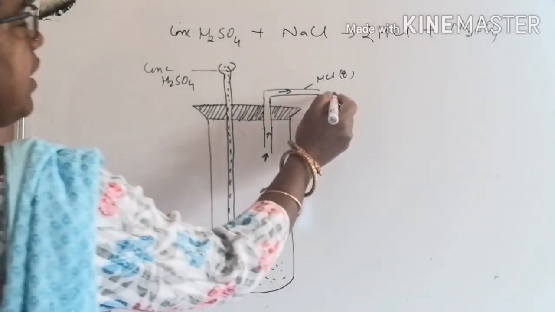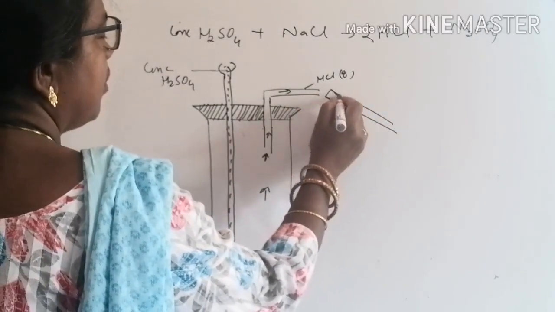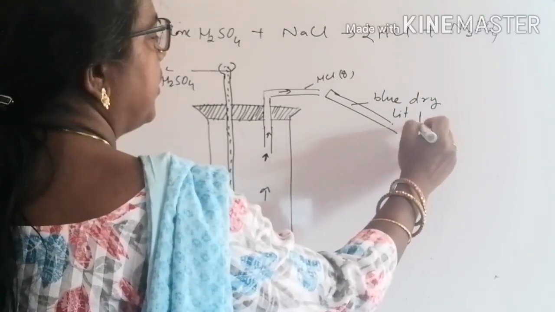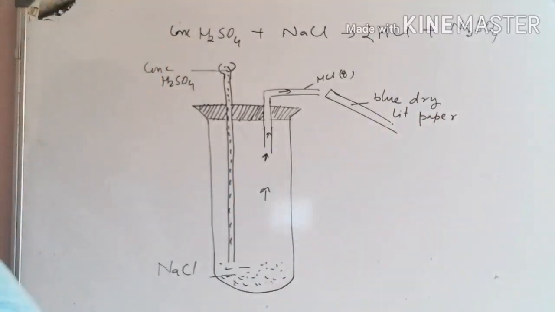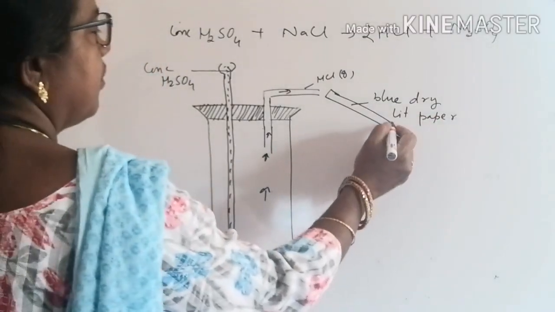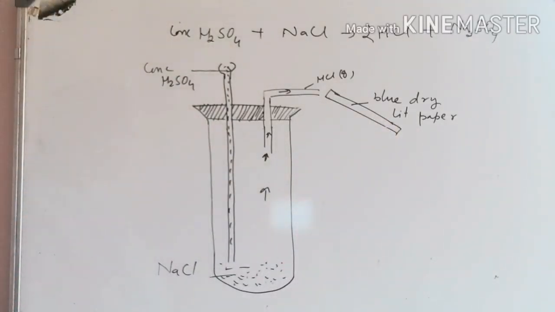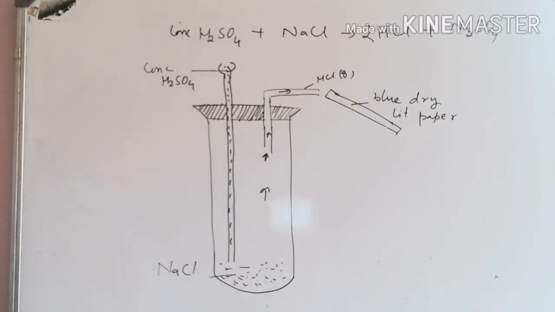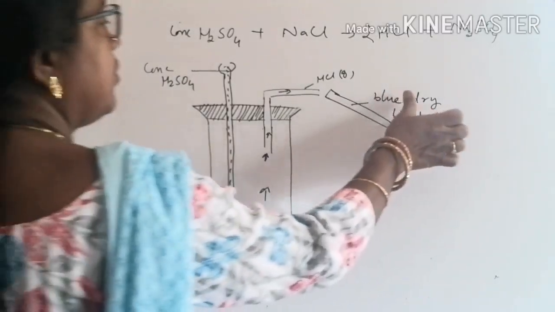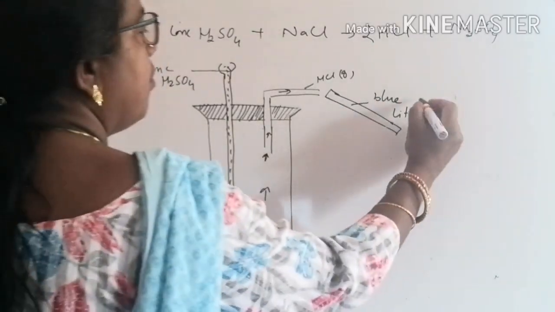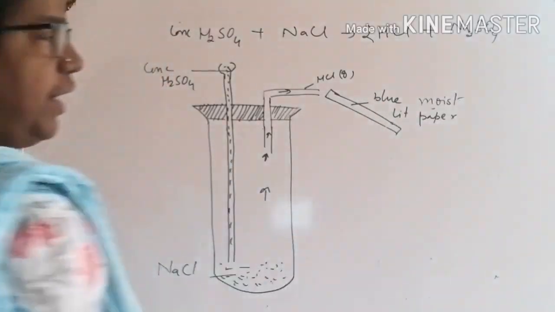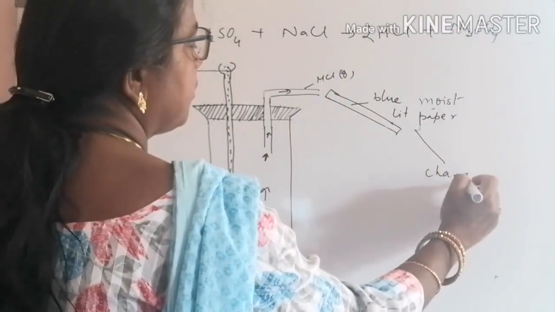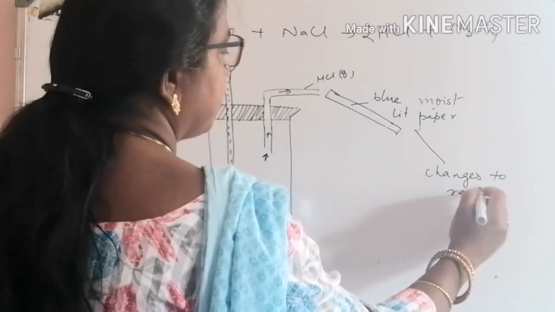When you bring a dry blue litmus paper, you can find there is no change in color, because there is no hydrogen ion liberated in this process. But as soon as you repeat the same with blue moist litmus paper, the blue color of litmus paper changes to red.